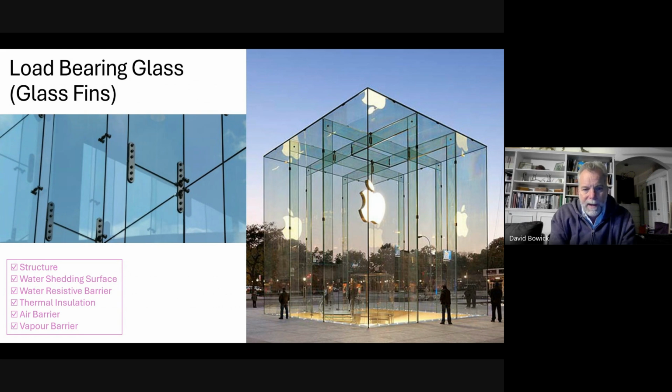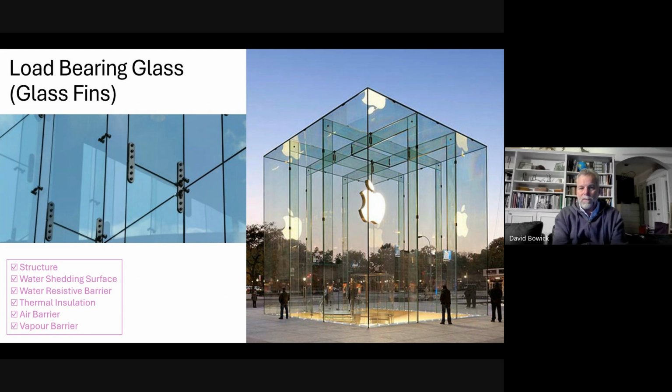This is load-bearing glass. So in this particular case, the Apple store in New York, we have glass fins to make it load-bearing. Lots of interesting things in load-bearing glass. So load-bearing glass can be insulated. Load-bearing glass is always laminated glass, because if it's load-bearing and there is damage to a glass light, you can't have your structure collapsing.